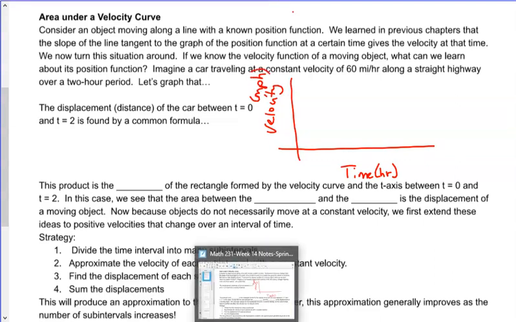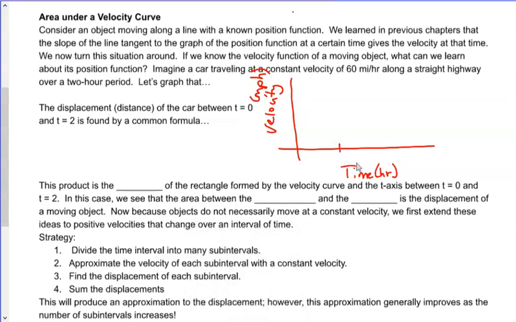If we have a constant velocity over a 2-hour period, so call this 1, call this 2, then it's always going to be just a flat curve. It's never changing. I'm going to go by 20s, make this 60, and this will be my velocity function for 2 hours. We're going to say v equals 60 here. And that is the velocity curve for a constant velocity of 60 miles per hour for 2 hours.